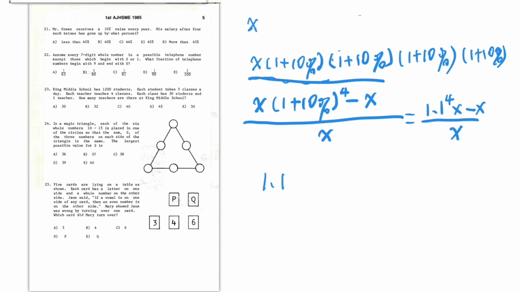1.1 to the power 4. We know 1.1 squared is 1.21, times another 1.1. 1.1 times 1.21, use the times 11 trick.